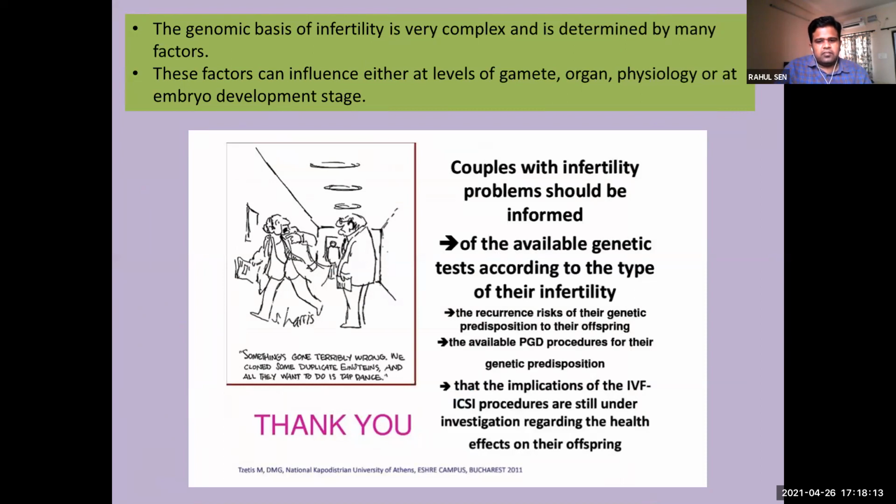Couples with infertility problems should be informed of all available genetic tests, the recurrence of genetic predisposition in their offspring, and the available procedures for genetic predisposition, and ultimately what needs to be done is proper counseling, with the patient handled appropriately and properly with the assessment and infertility evaluation.